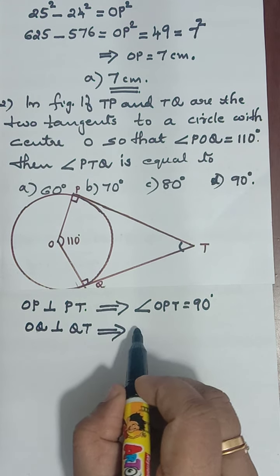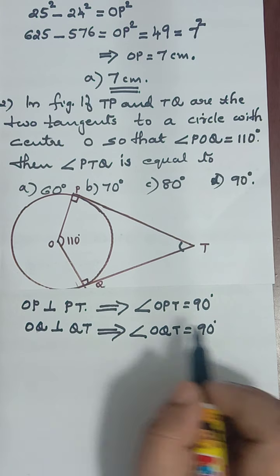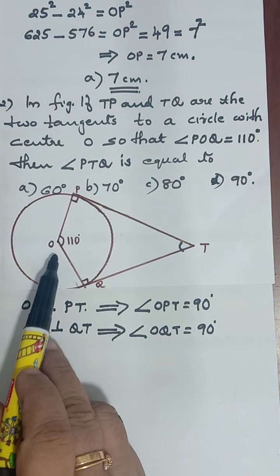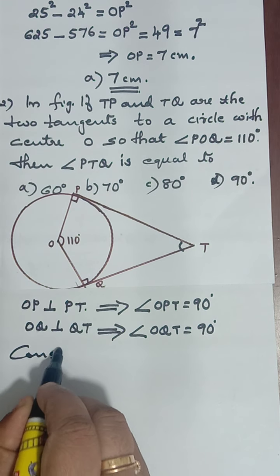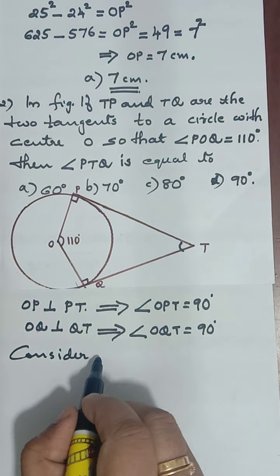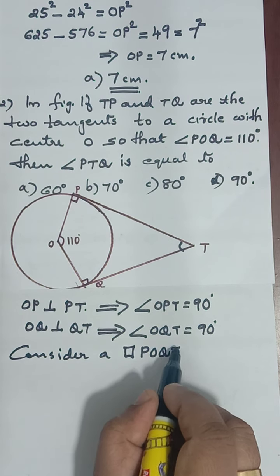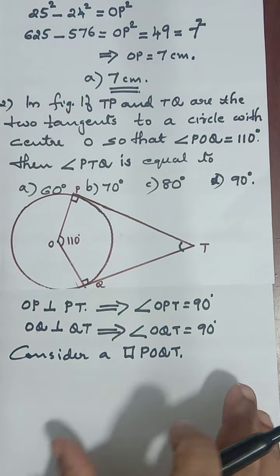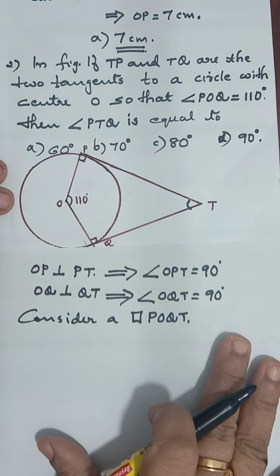This implies angle OQT is equal to 90 degree. And the other angle POQ is given. So consider the quadrilateral POQT. Now we must write the sum of the angles of a quadrilateral is 360 degree.